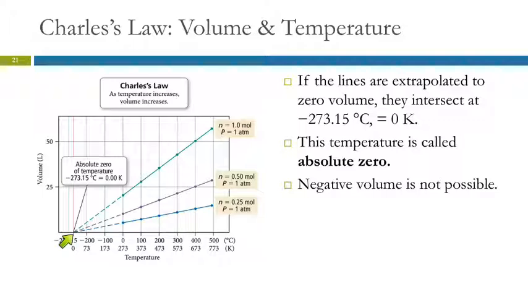So that is the theoretically lowest possible temperature. 0 Fahrenheit, 0 Celsius, you can go below that, right? Absolute 0, you can't go below that. So the Kelvin scale has no negative temperatures, and it never has 0.